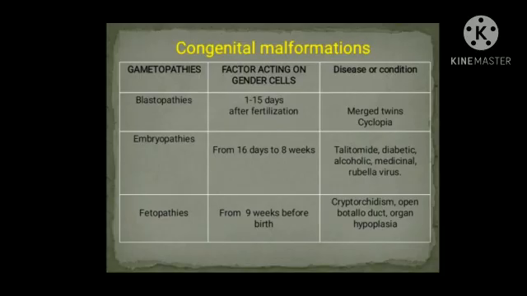Regarding the period, if we speak about days or weeks, we can see in this table blastopathies during 1 to 15 days after fertilization. Embryopathies from 16 days to 8 weeks. Fetopathies, we speak about the period from 9 weeks before birth.